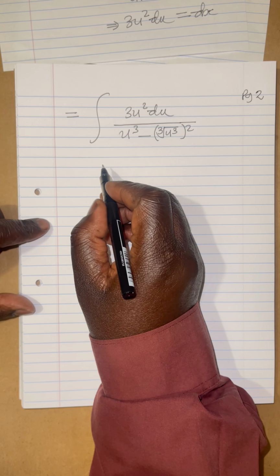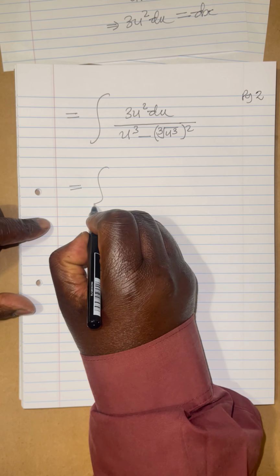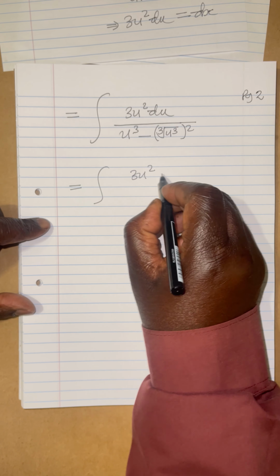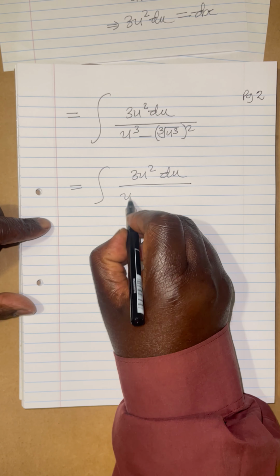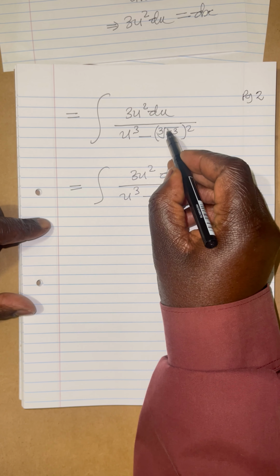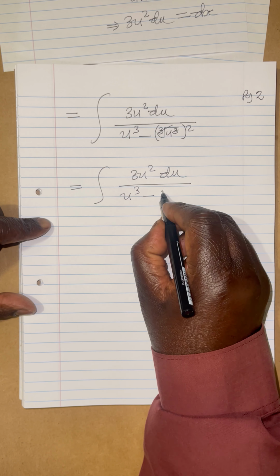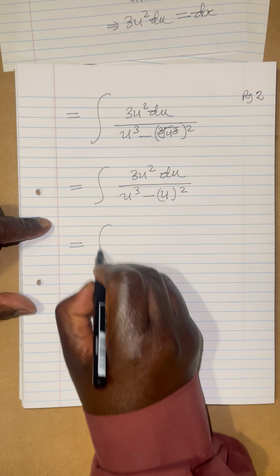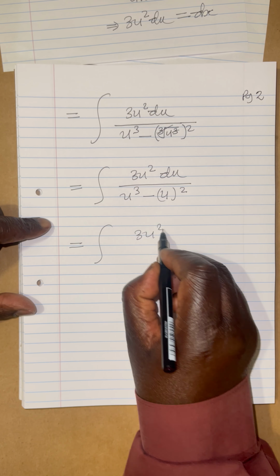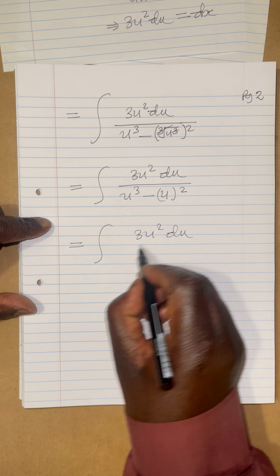Now let's simplify what we get here. So this is equal to the integral of 3u squared du all over u cubed minus, notice cube root of u cubed is u, and we have to say squared. Going further, this is the integral of 3u squared du all over u cubed minus u squared.